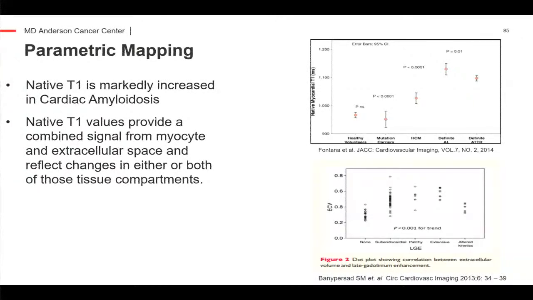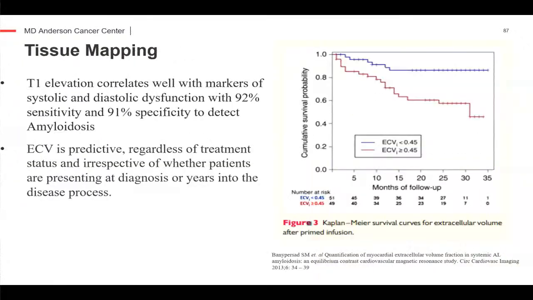You see very high elevations of T1 values, both in AL and TTR cardiac amyloidosis. In addition to that, you see very high ECV elevations. Usually an ECV above 30% is a cutoff to halt and think, could there be amyloid or not, even in the absence of LGE. The higher the scar burden, the higher the LGE. We have good data to support that.